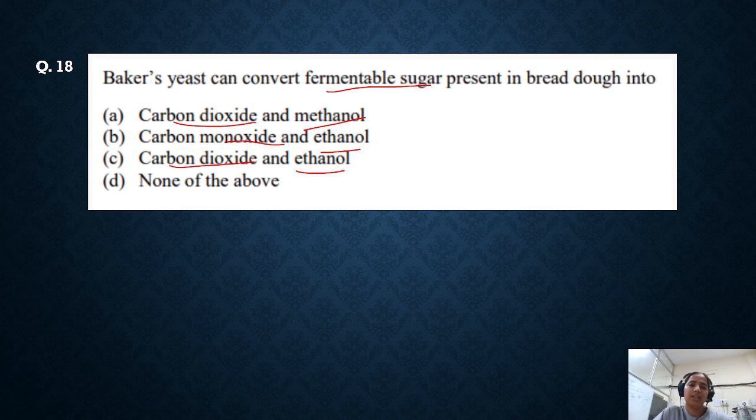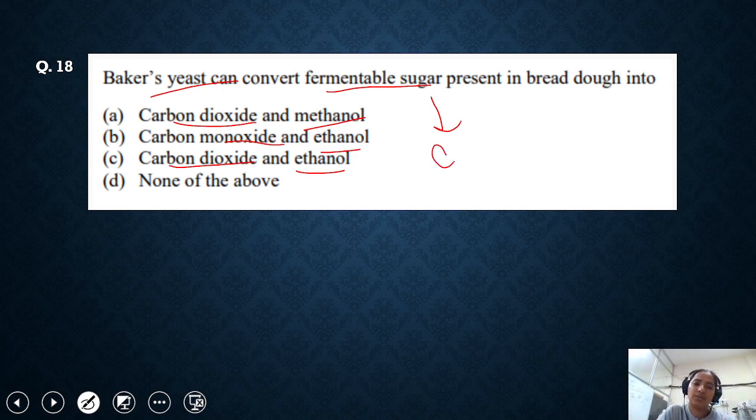Okay, this is correct. When baker's yeast is used to convert this fermentable sugar into components, then CO2 and ethanol are formed. Or you can write it like this: C6H12O6, this is a very famous, very common equation.